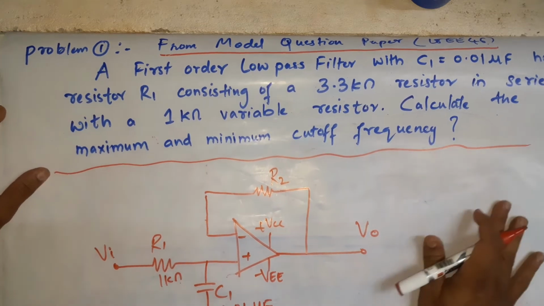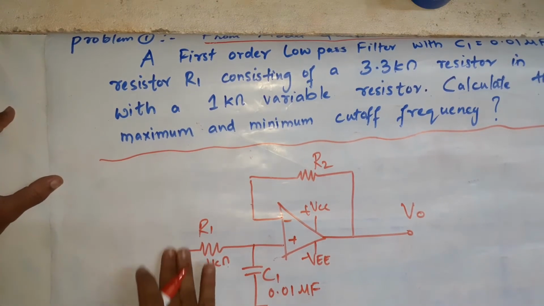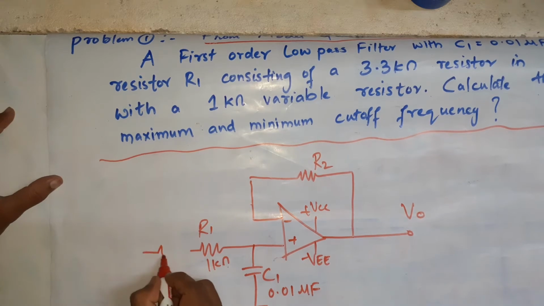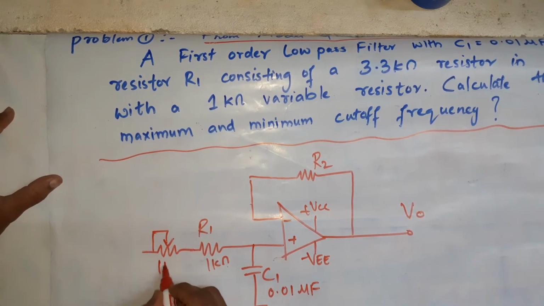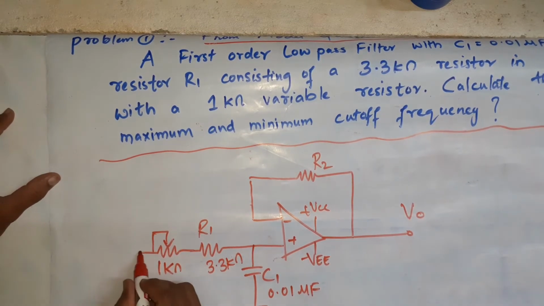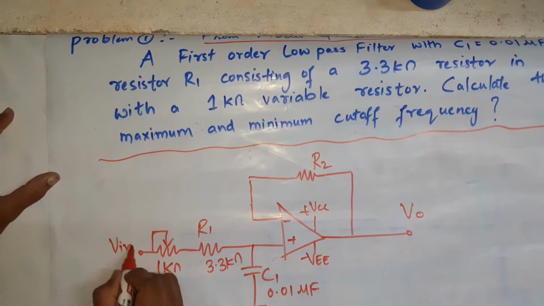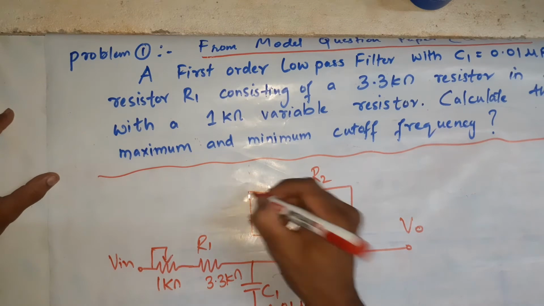So I will have a variable resistor here and its value is 1 kilo ohm. Sorry, this is 3.3, 3.3 here and 1 kilo ohm is connected in series with R1. This is the meaning of your question, and this is how you have to understand.